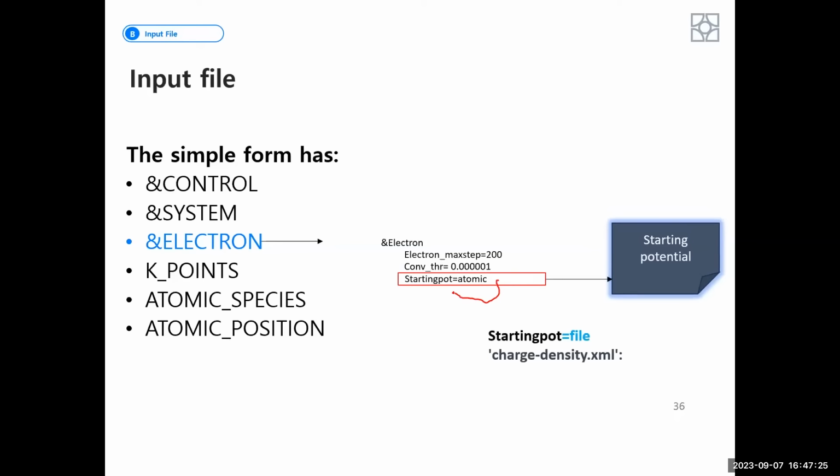If I have already done the first SCF calculation, I will have this kind of file, so I can use it to start another calculation to save calculation time and get better accuracy. What content does this file have? This is where the electronic charge density from the previous calculation is stored. The charge density is a key result of our SCF calculation. It represents the distribution of electronic charge in our system.